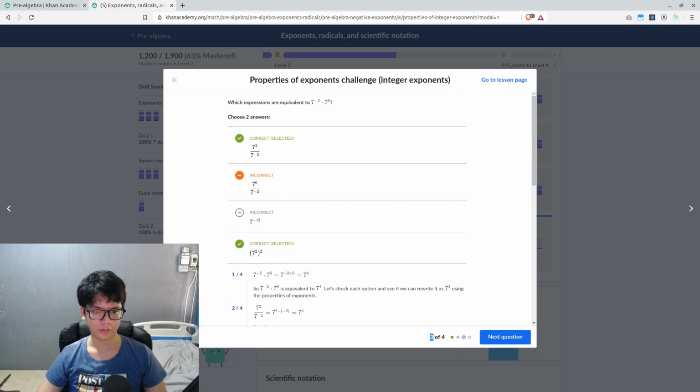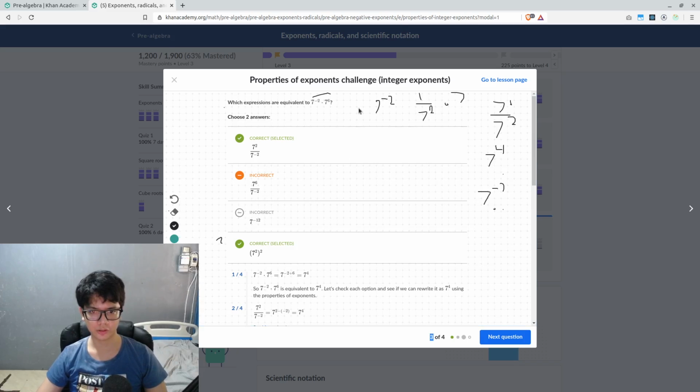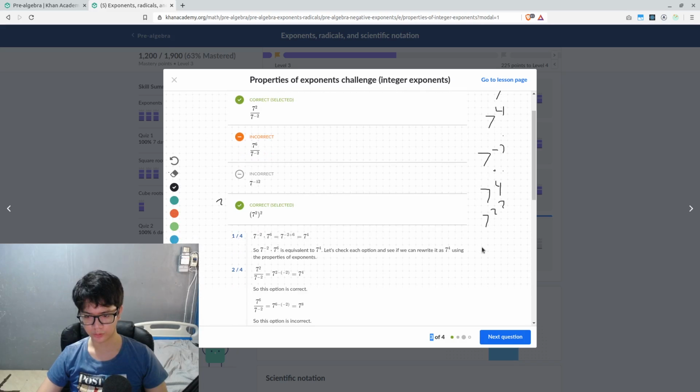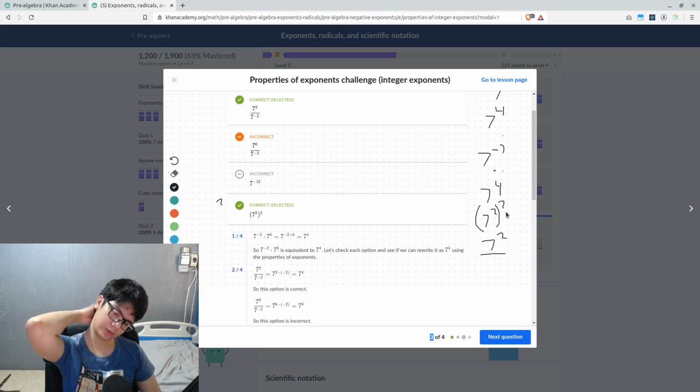Oh my god, you just found the structure. From 7 to 4, you turn it like 7 raised to 2, so we got like that, and the reciprocal of that is gonna be like 7, 2 over. Wait, what? Yo!